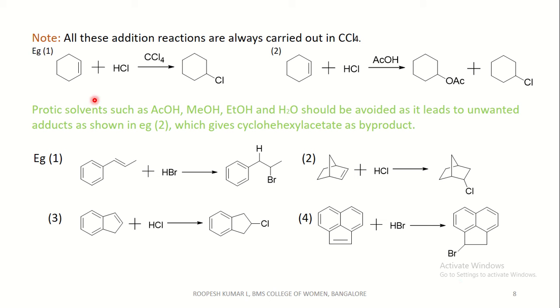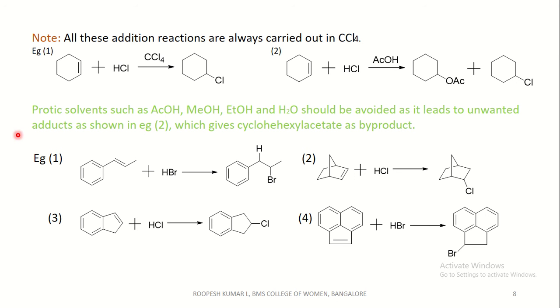Coming to the first example, cyclohexene reacts with HCl. In CCl4 solvent we get chlorocyclohexane. Coming to the second one, the same reaction, that is cyclohexene reacts with HCl. In the presence of a polar solvent, that is acetic acid, we get a mixture of two products, that is cyclohexyl acetate and chlorocyclohexane.